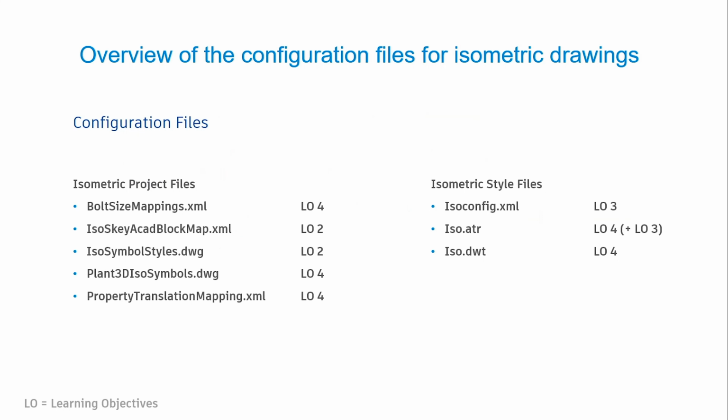We will talk about the ISO ASCII ARCAD block map XML and the ISO symbol styles drawing file in the next section when we will create a user-defined component for an isometric drawing. We will talk about the ISO config XML file in a separate section as well. About the other files, we will talk at the end when we will talk about additional customization for isometric drawings.